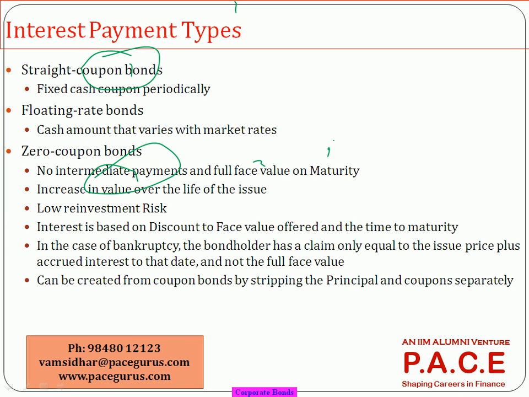So they are always issued at a discount to the face value, because face value is what is paid on maturity and nothing is paid in between. So they have to be issued at a much cheaper rate to the face value, to make sure that you are giving the face value at maturity, which will add up to either 5% or 8% or 10% kind of a return over this period. So, let's say the face value is 1000 after 5 years.